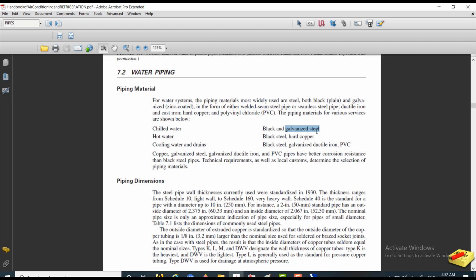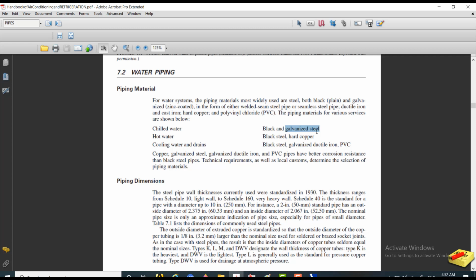Since when we say black iron pipe, there is no coating on the pipe, it is just a pure black pipe. So usually on site, if we use a black iron pipe, we paint it in order to avoid corrosion.